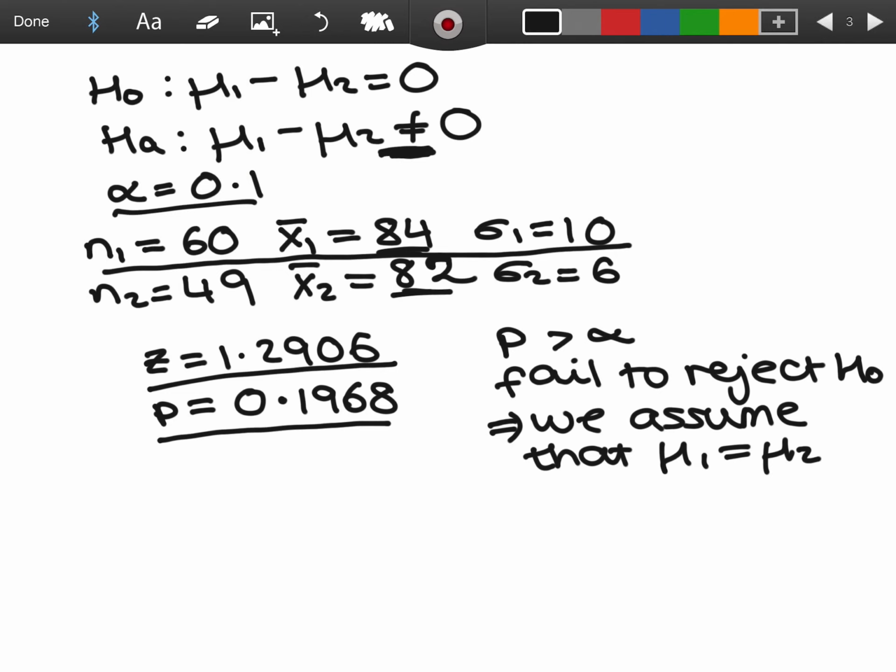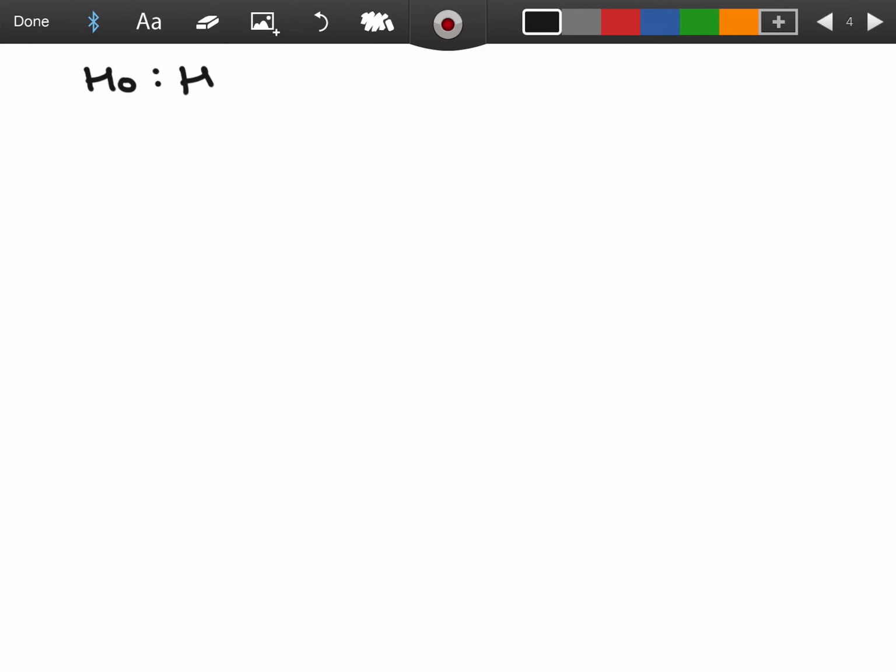So when we did that, back in 11.3, your null and alternative hypotheses looked something like this, okay? So you had a two-sided alternative hypothesis.